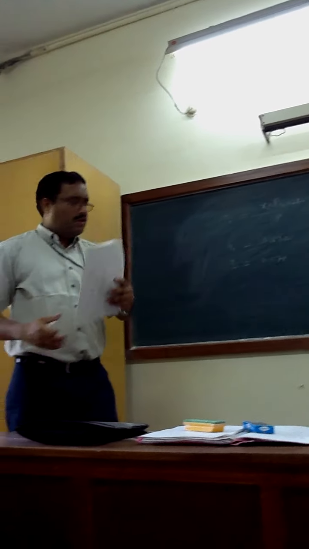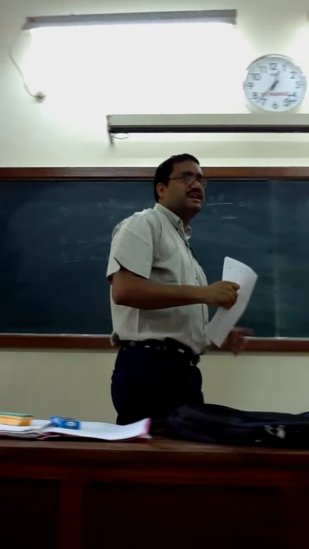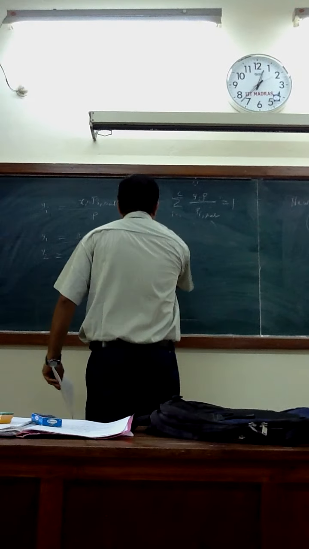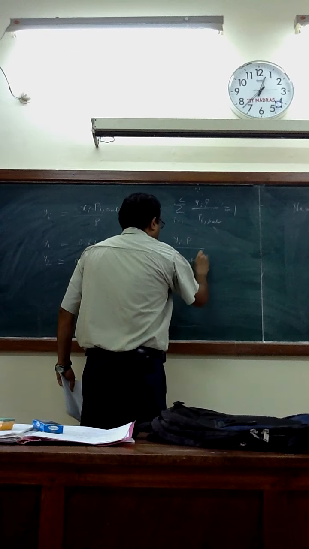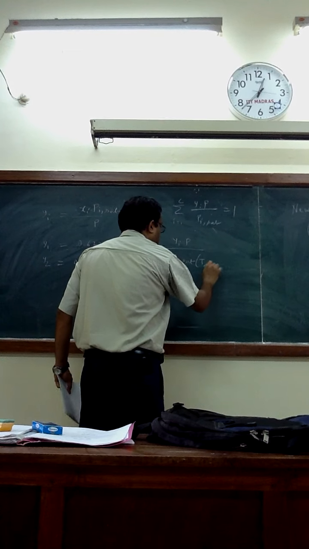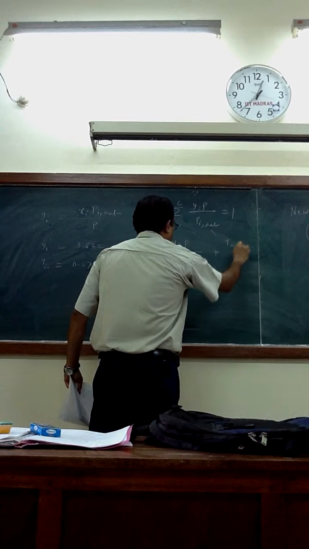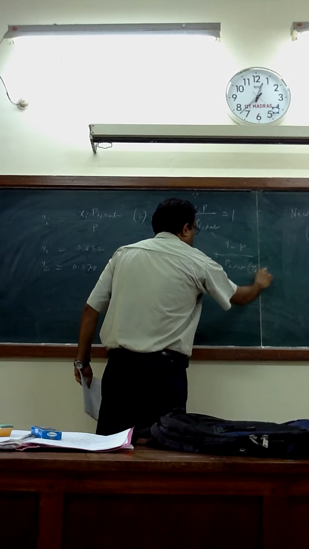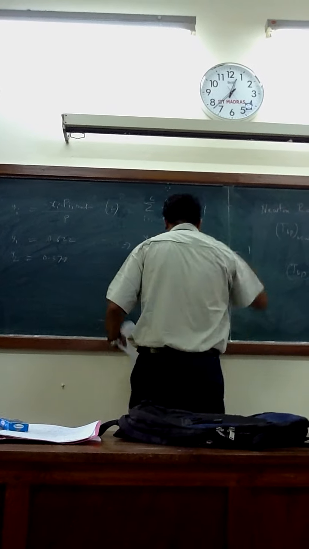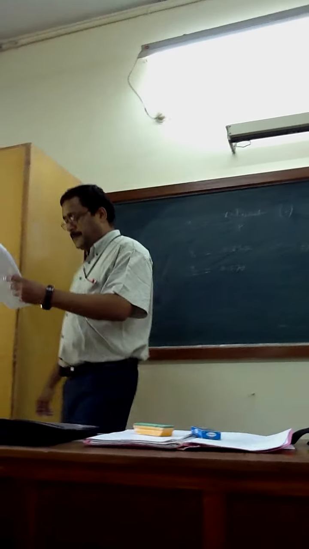Correct? So do it for this problem. y is given. So y1P by p1 sat, a function of dew point temperature, plus y2P by p2 sat, a function of dew point, and the temperature is again unknown, equals 1. Am I correct?